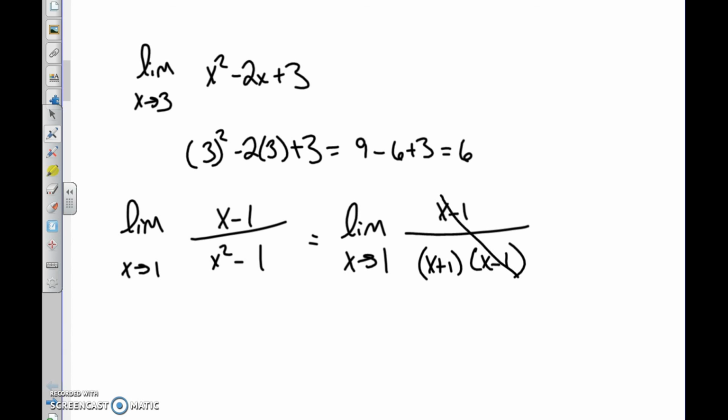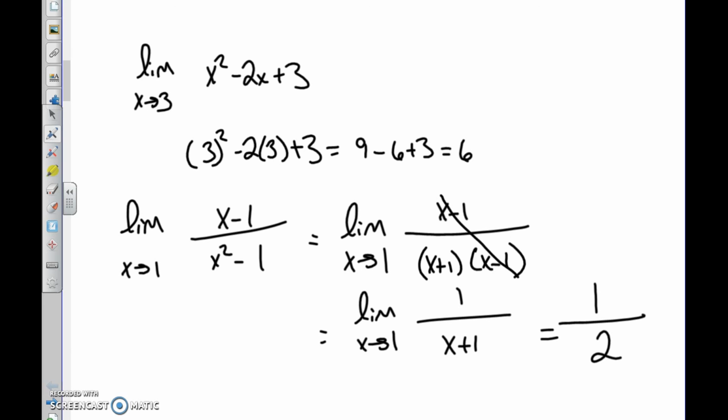So once I cancel that, that allows me to evaluate the limit. So the limit as x approaches 1 of 1 over x plus 1 is just going to equal 1 over 1 plus 1, which is 2. So there is an analytical approach of a limit that actually has a removable discontinuity.